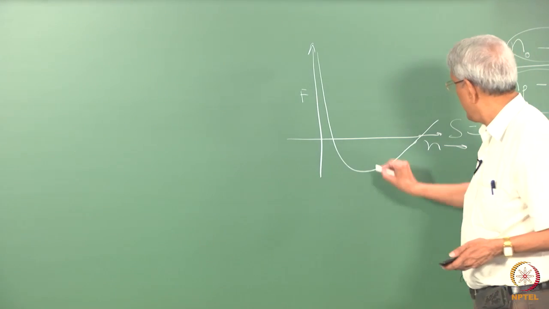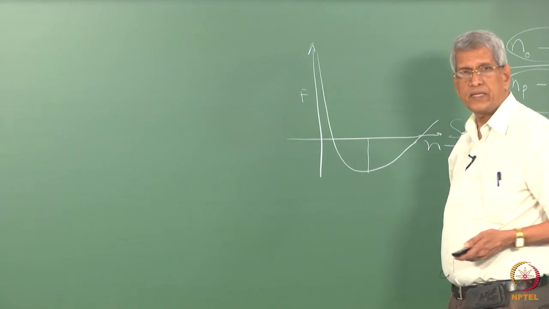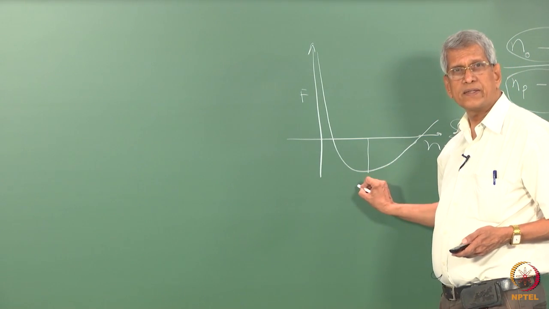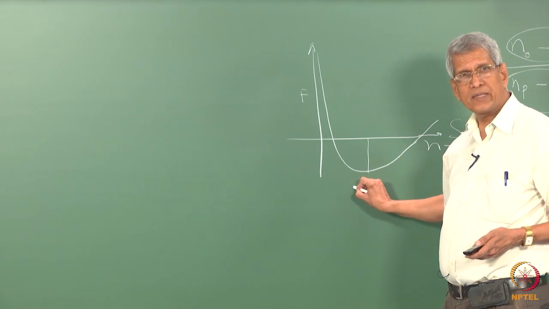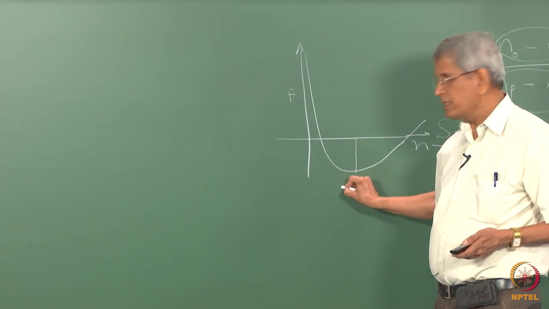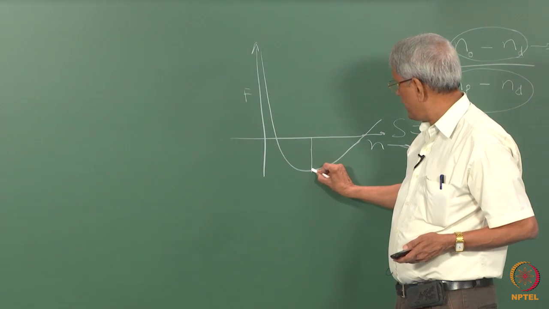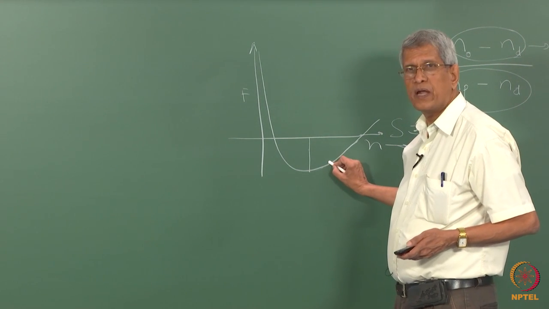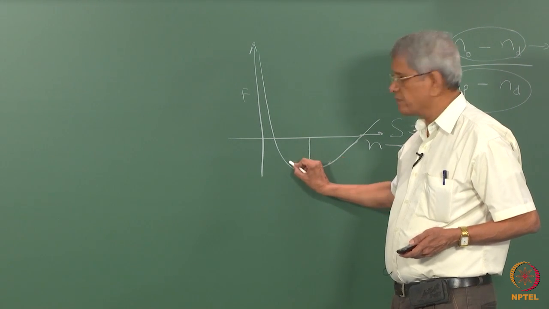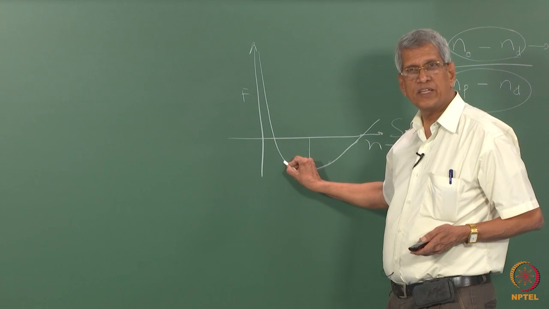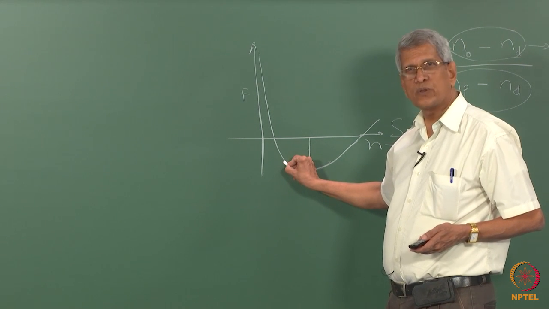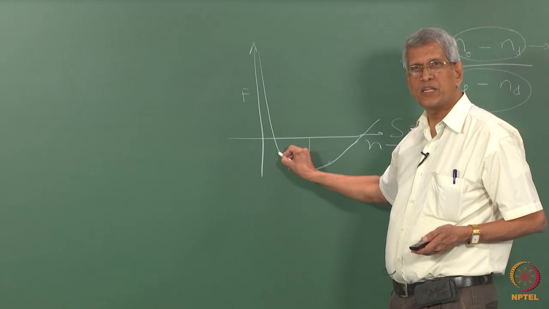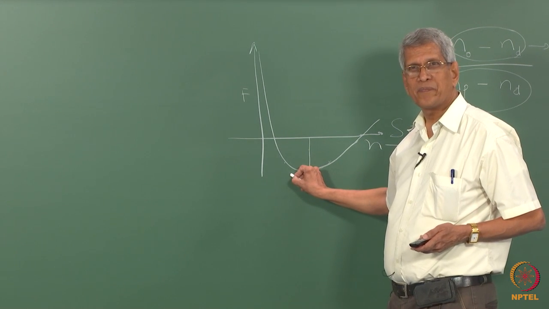At this particular point there is maximum reduction in free energy. But if the concentration of vacancies increases beyond that, or is less than that, there is still a reduction in free energy. So that system is stable, but that is not the maximum.